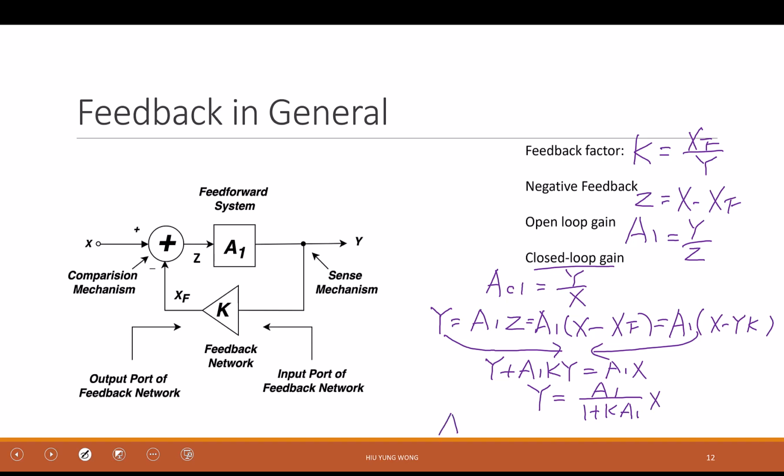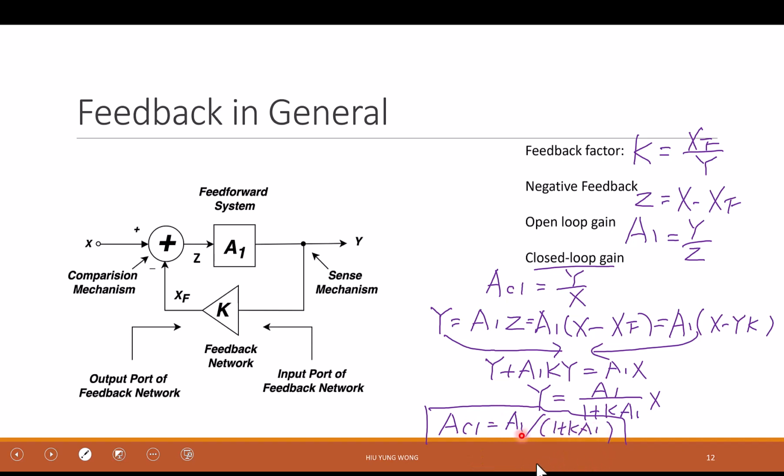So the gain equals A1 divided by 1 plus KA1. Is this okay? The gain is still related to the original gain, A1, but it's reduced by 1 plus KA1.